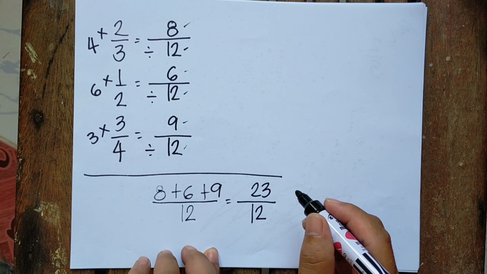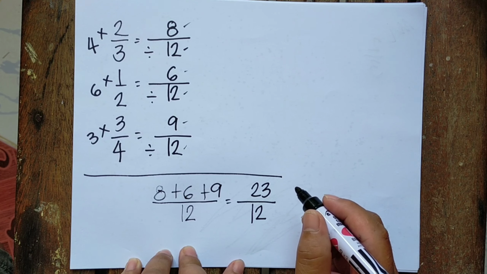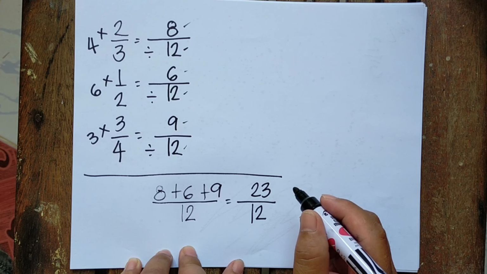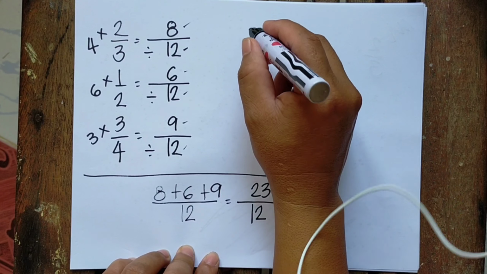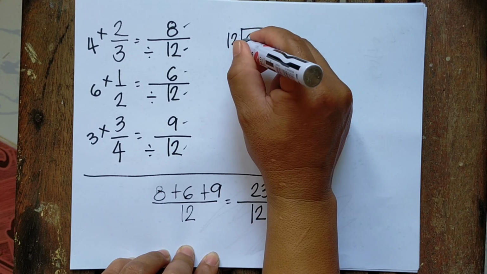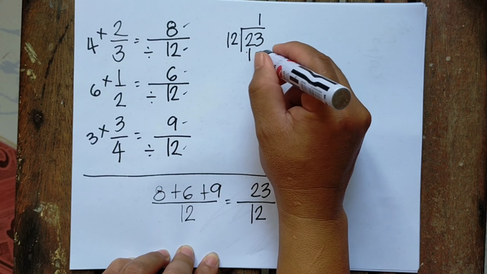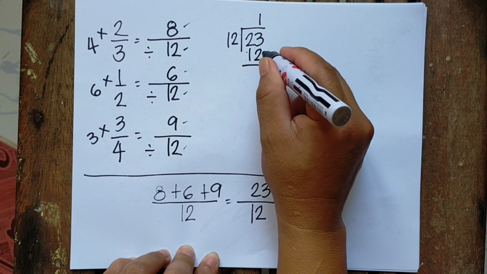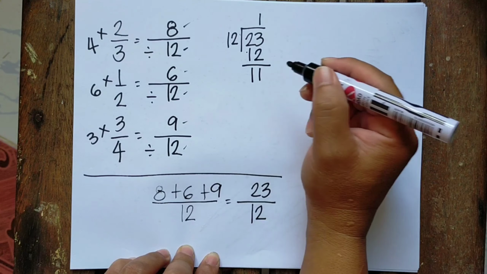You will notice that our fraction is an improper fraction. So we have to change this to a mixed number. How are we going to do that? Let us divide 23 by 12. How many 12s are there in 23? There's only 1. So this is 12. 3 minus 2 equals 1. 2 minus 1 equals 1.